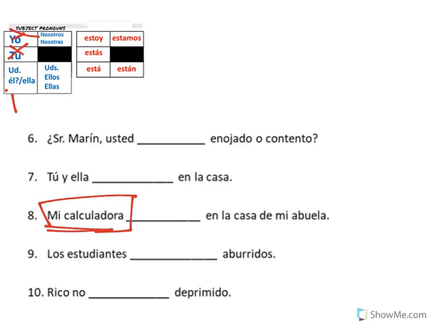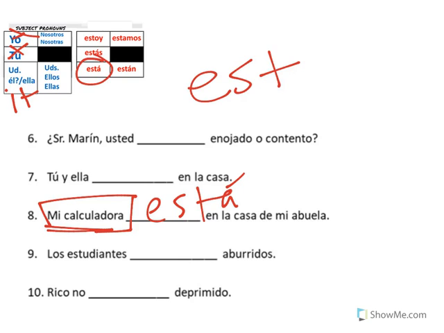And when it's one of it, we use this form. So it's mi calculadora está. Because there's only one. If there were two calculators or two lápices or mesas, tables, then we change está to están. But there's only one. So we use está.